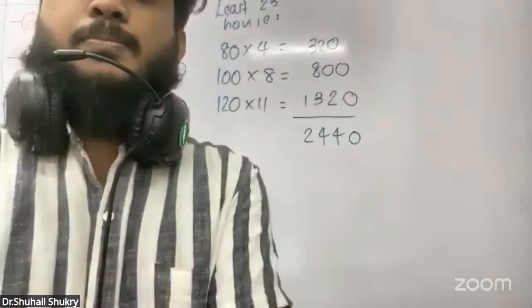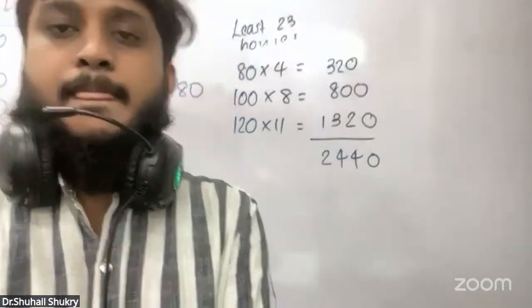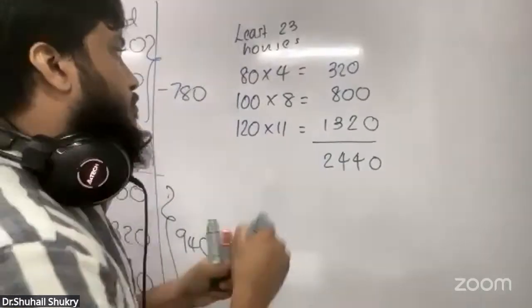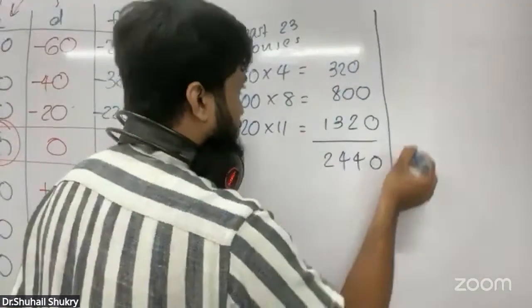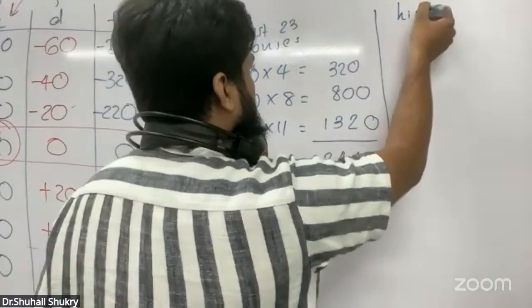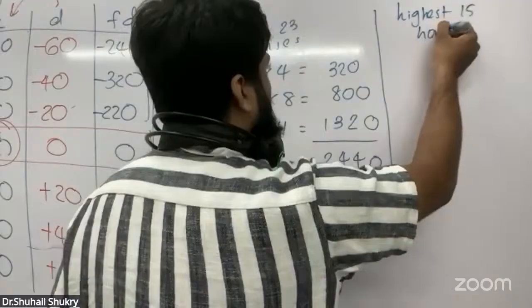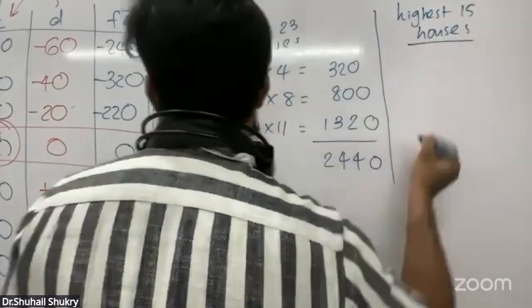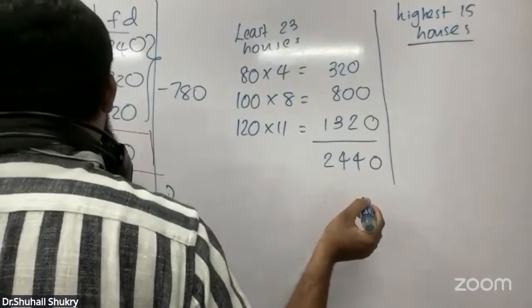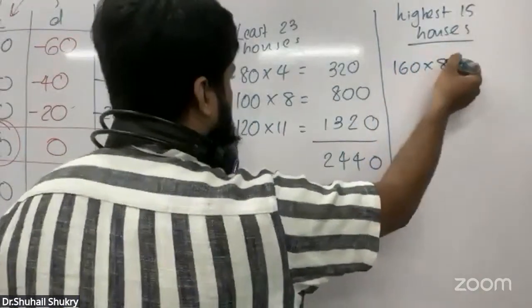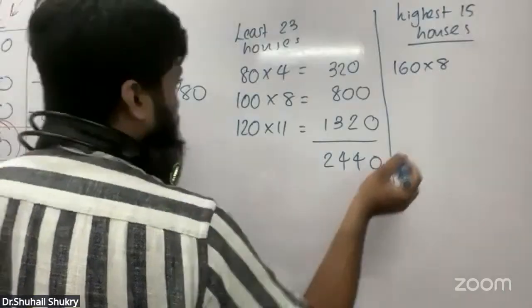We'll put the camera up. Right. Now, we'll think about the next one. What is the next one? Highest 15 houses. We'll think for the highest 15 houses. For the highest 15 houses, the least amount they asked us to take is 160 into 8, and the other one, 180 into 7.